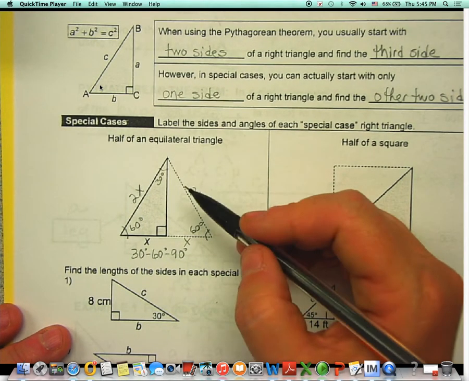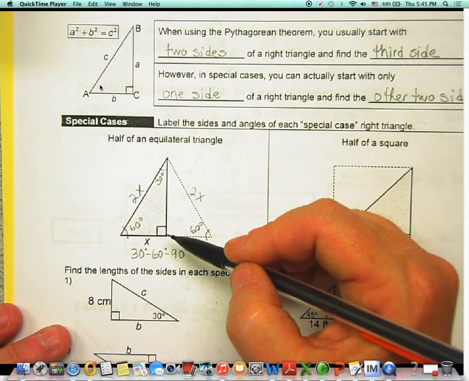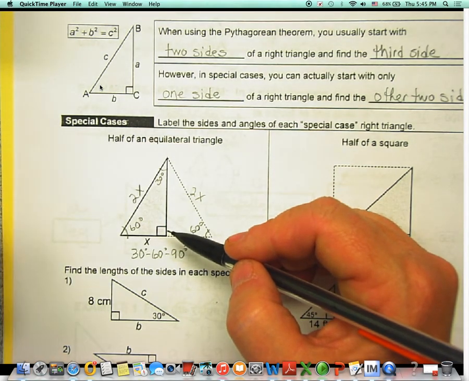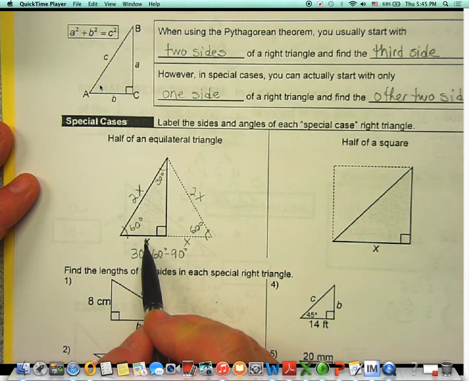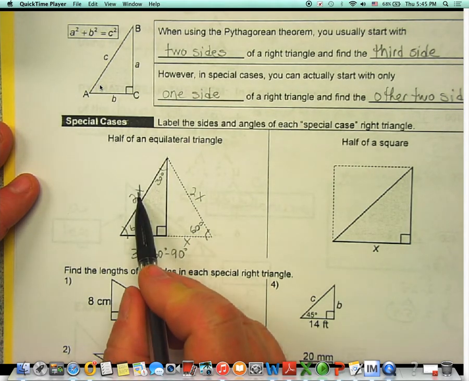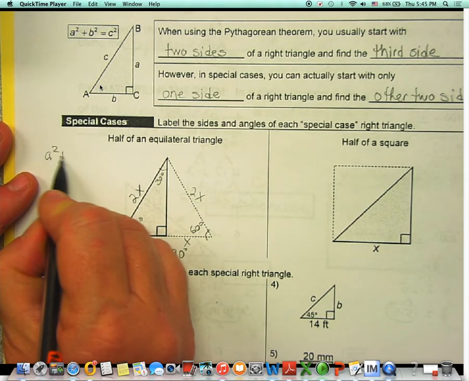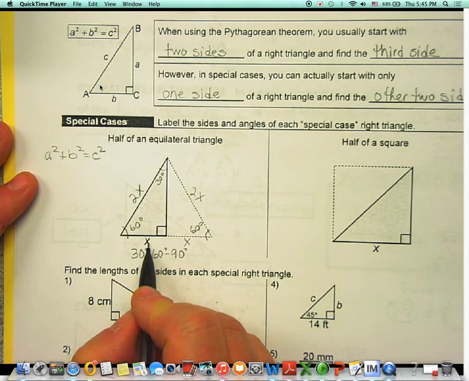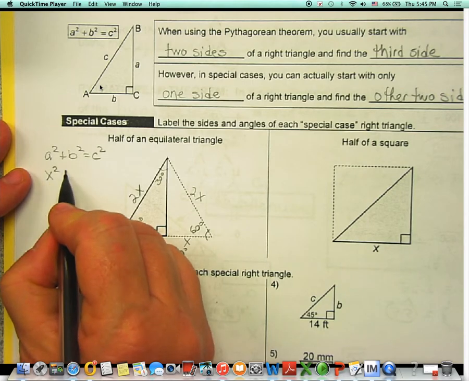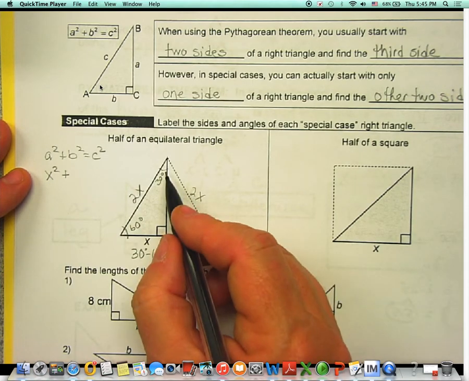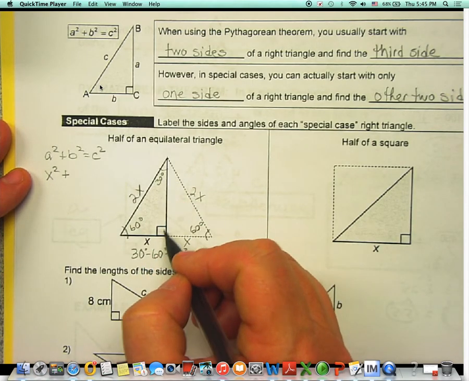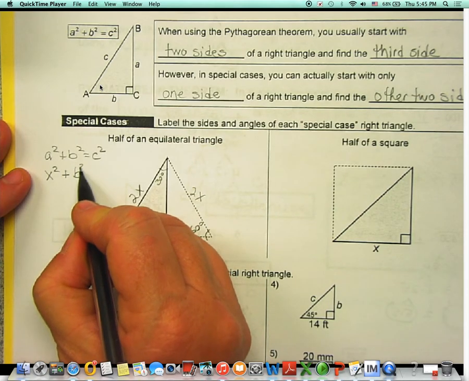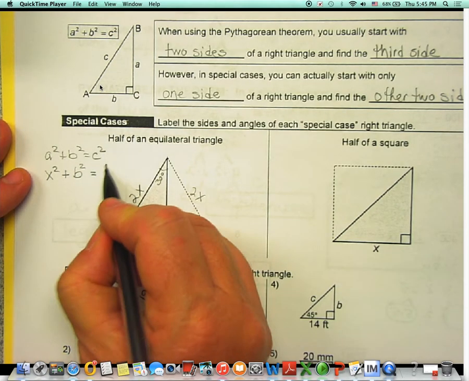What we're going to do is find this third side using the Pythagorean theorem. So we have a squared plus b squared equals c squared. I'll write that down. I'm going to call a x. So x squared plus, we don't know what that is, so I'm going to call it b squared, equals (2x) squared.